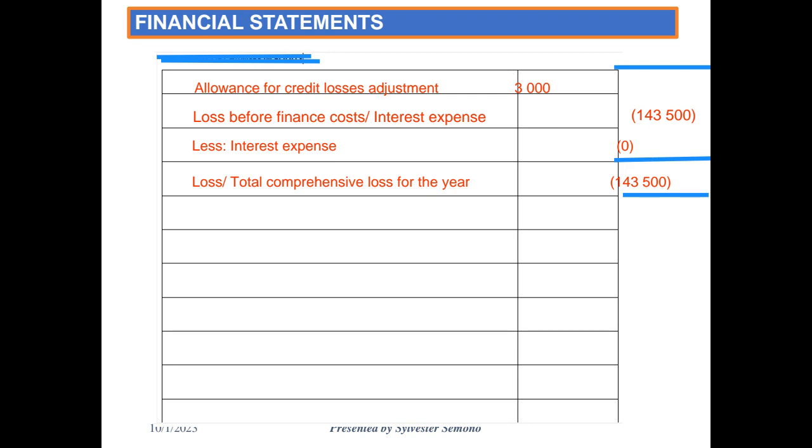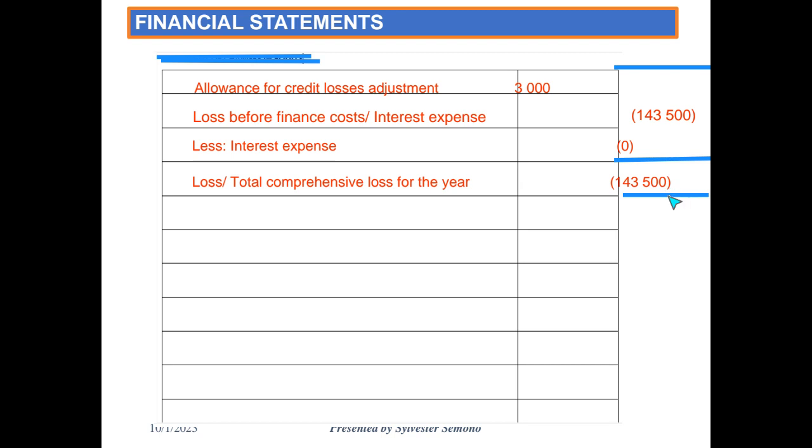So if we made a profit here, you will see here it was supposed to say profit before, and here you're supposed to have profit or total comprehensive income. It will say income here for the year if it was a positive thing.